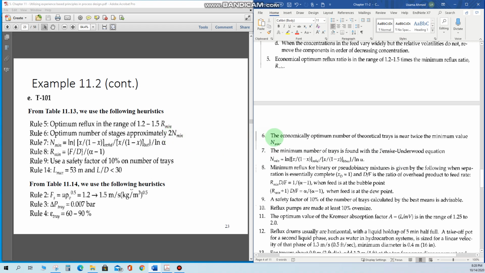The economical optimum number of theoretical stages is near twice the minimum number of stages. So N minimum is the minimum number of stages, and for the optimum number of stages you multiply it by 2. The minimum number of stages can be calculated using the Fenske-Underwood equation.